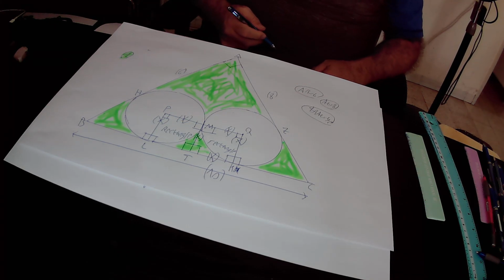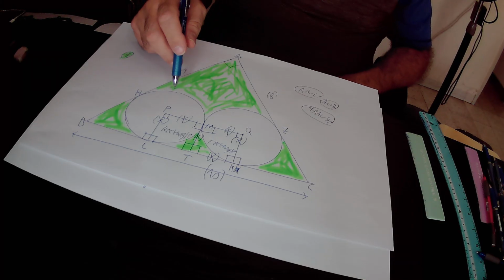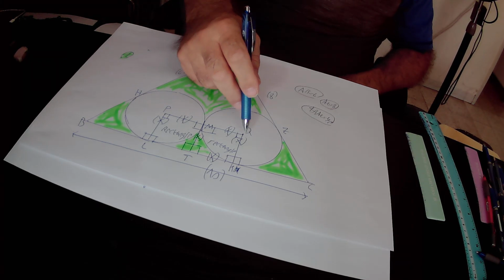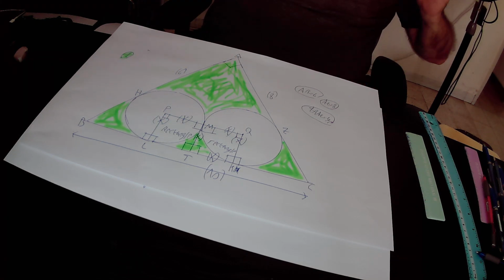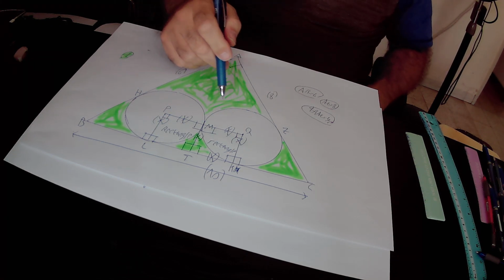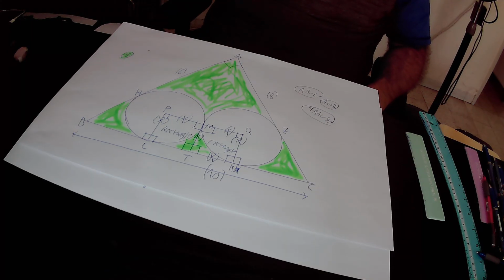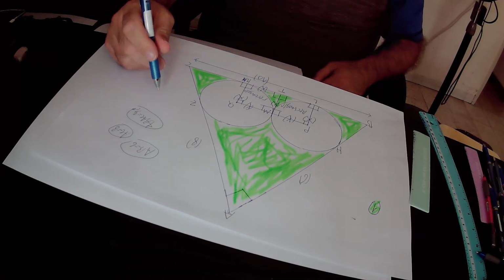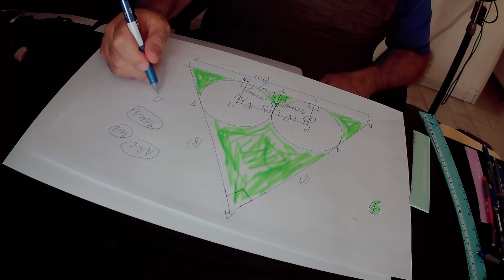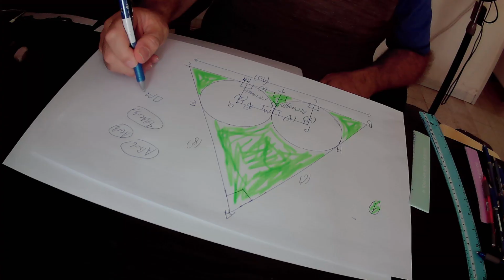So if we focus on the big quadrangle PQKT, we have 1, 2, 3, 4 right angles, and therefore quadrilateral PQKL is a rectangle. Now, the big quadrilateral PQLK is a rectangle.